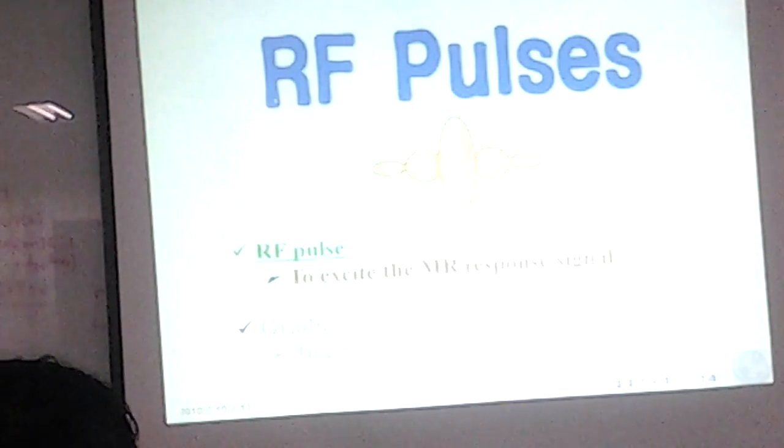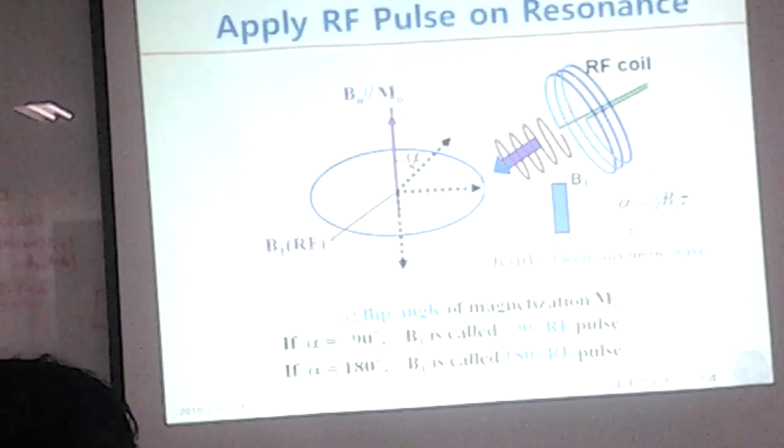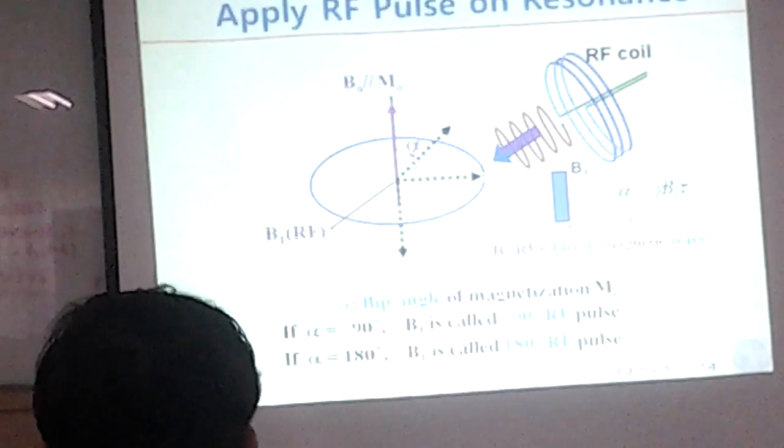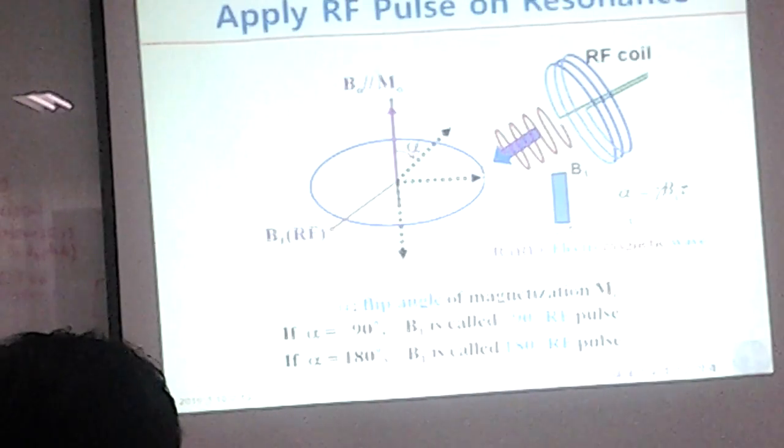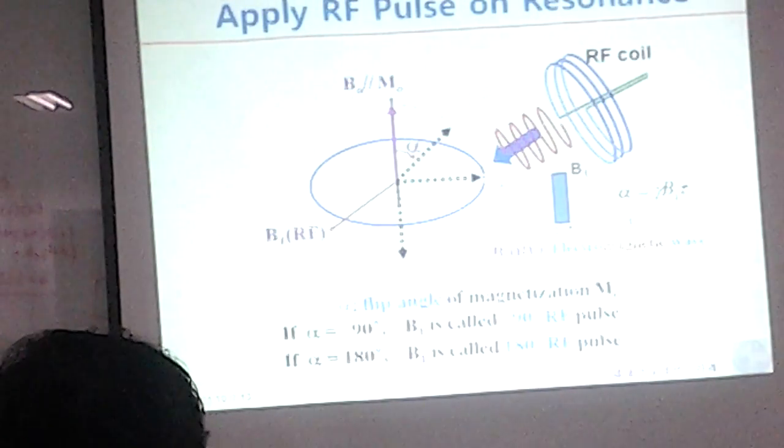Okay, let's move to RF pulses. I think this slide is also very familiar. The magnetization is the vector sum of individual spin vectors, and the equilibrium magnetization M0, which is parallel to the external magnetic field B0, flips according to the RF pulse, which has the resonance frequency omega 0.